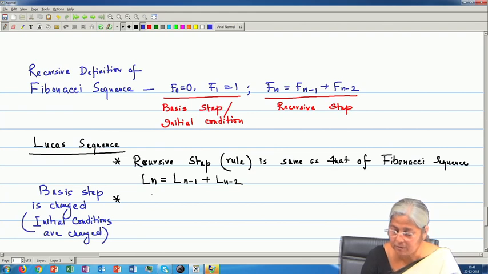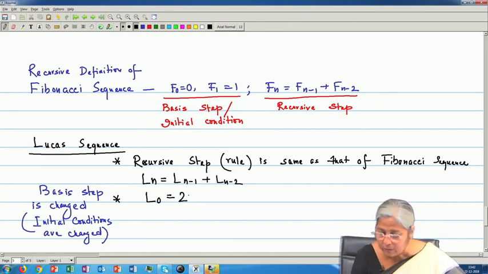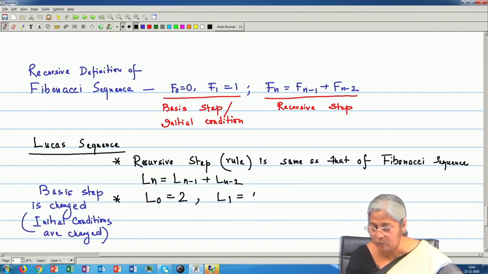So, for the initial conditions we write L 0 equal to 2, and L 1 is the same as that of Fibonacci, that is, 1.